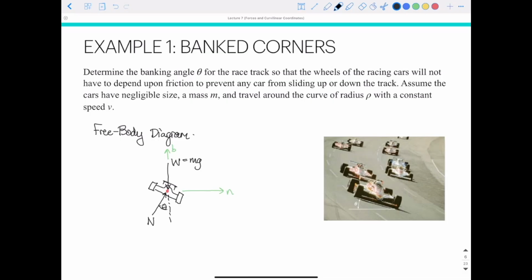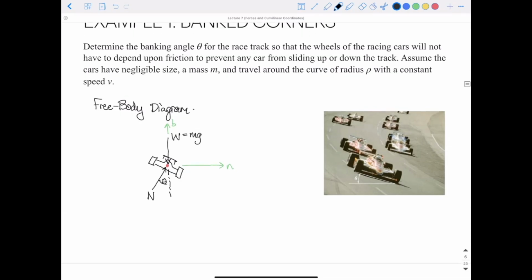So if this is our free body diagram, we can also draw our kinetic diagram. So in our kinetic diagram, what accelerations? Where is our acceleration going to be?